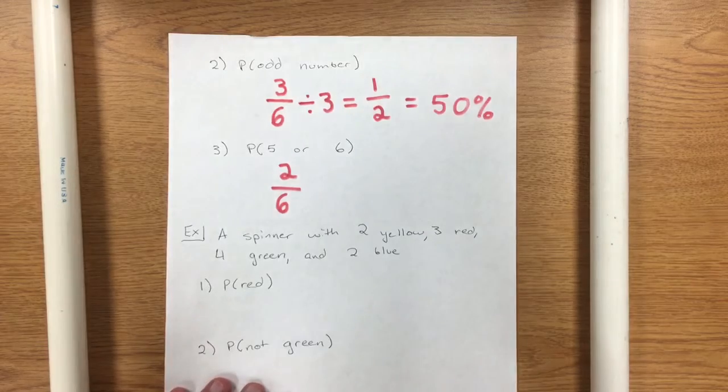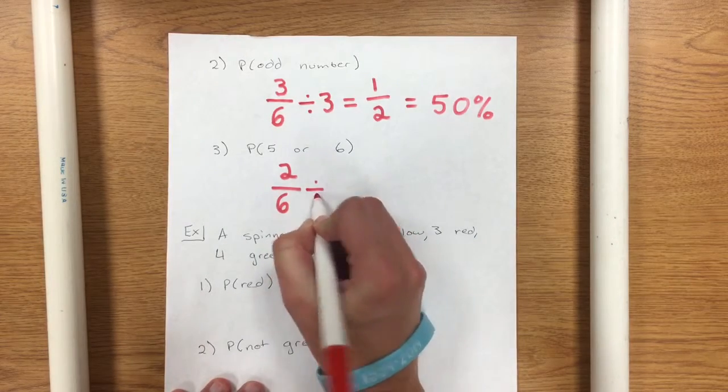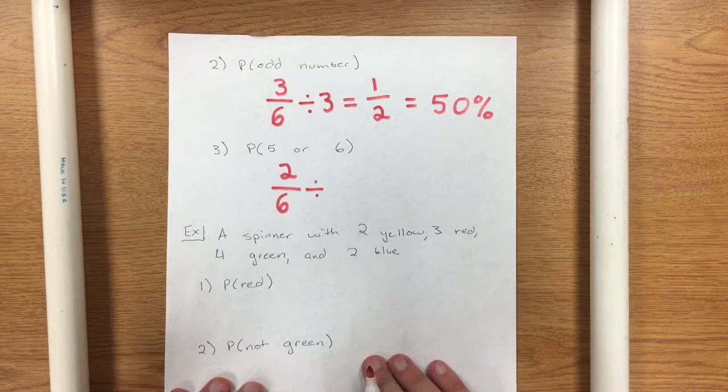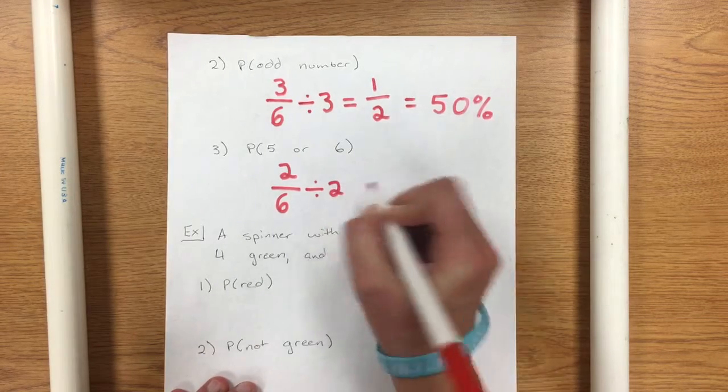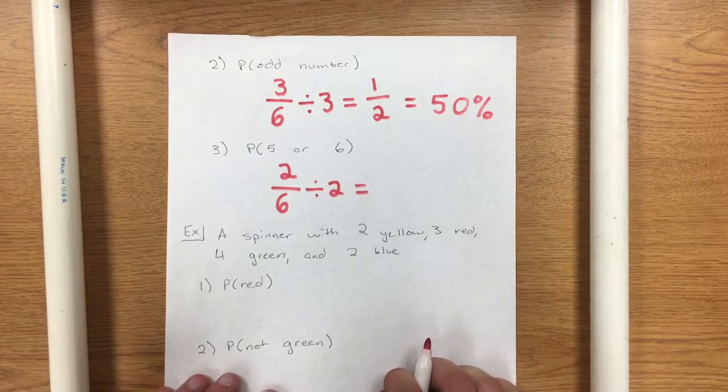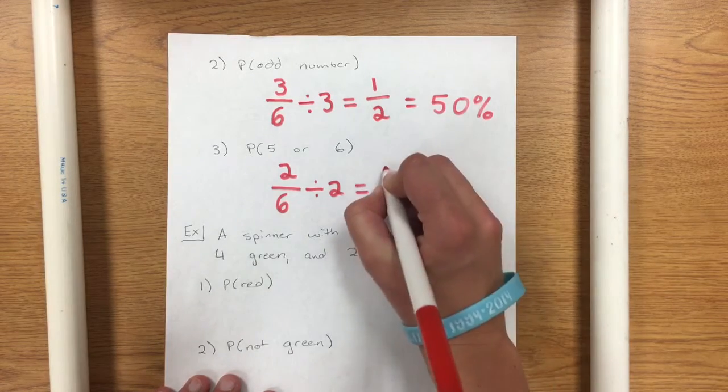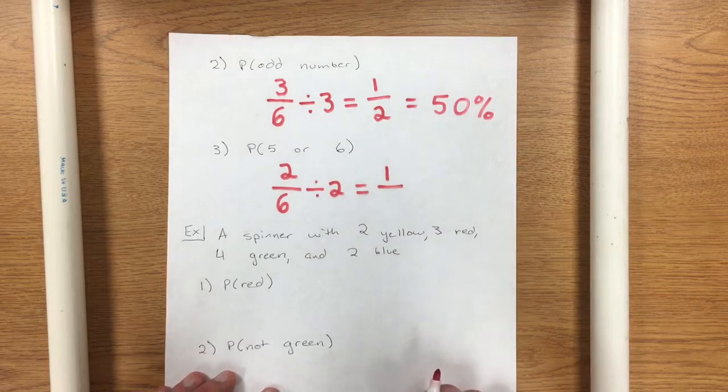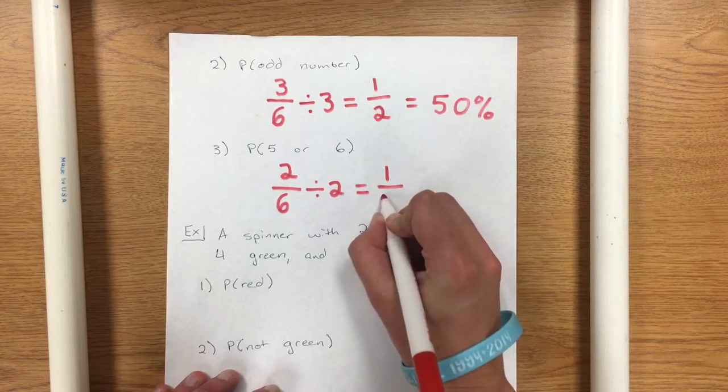Now, what's wrong with 2 over 6? It can be simplified. So what can I divide both 2 and 6 by? 2. So on top, 2 divided by 2 gives me what? 1. 6 divided by 2 gives me what? 3.